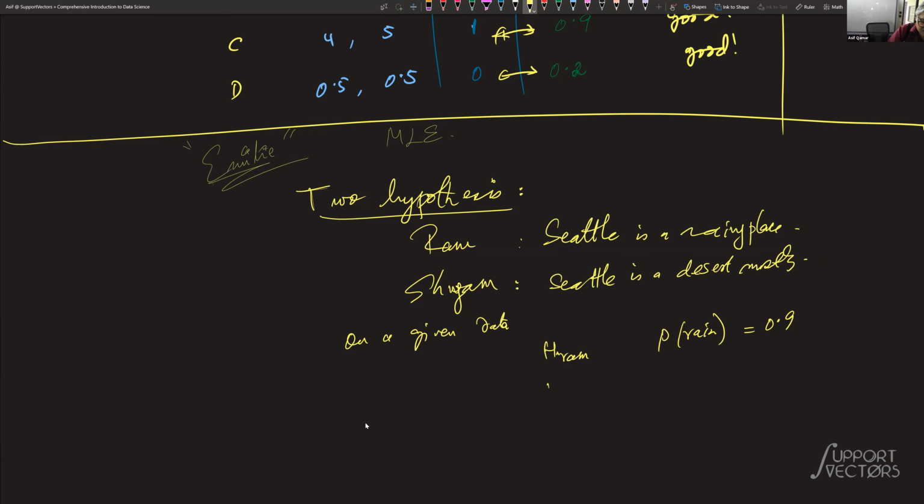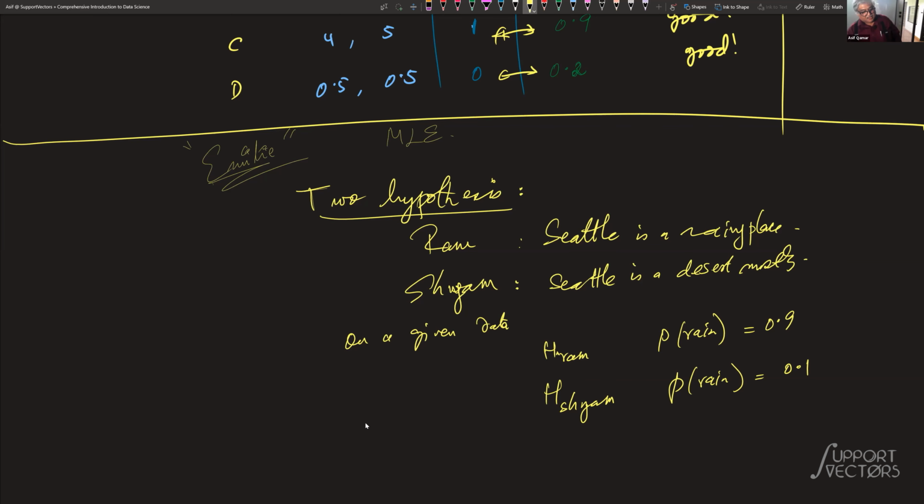On the other end, the hypothesis of Shyam says the probability of rain in Seattle is 0.1. Are we together? It's a very small probability that it's going to rain in Seattle because it's a desert, right?